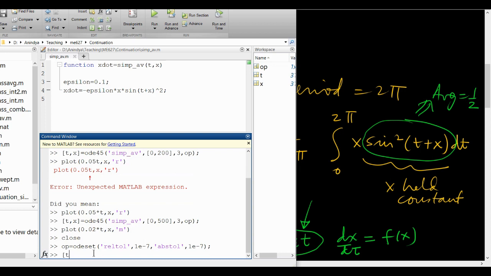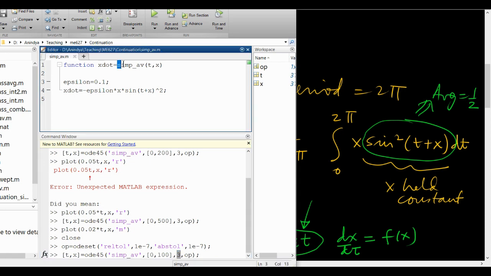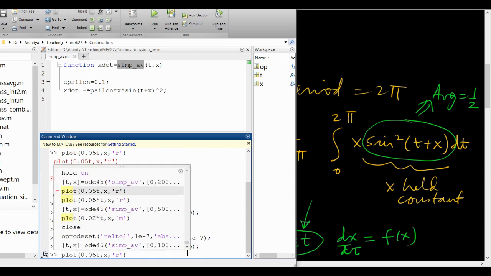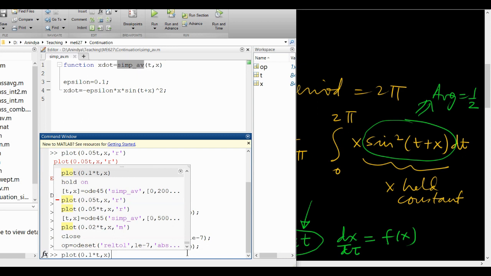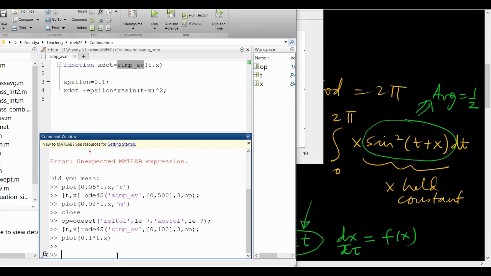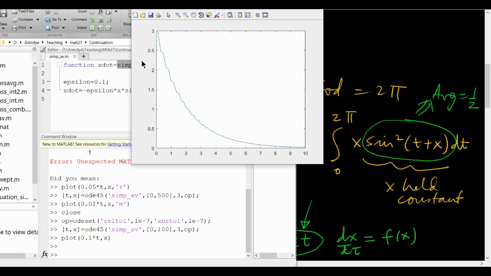Let me start up to a time interval of 1. Initial condition is 3. This is my function simp average. I do that here and I plot tau and x. So here is tau. This is epsilon t, you see. So I make that plot. Here's the plot. Okay, so some function now.